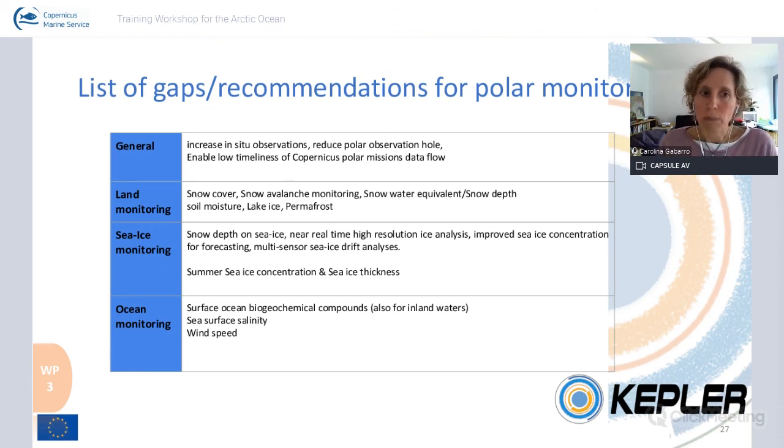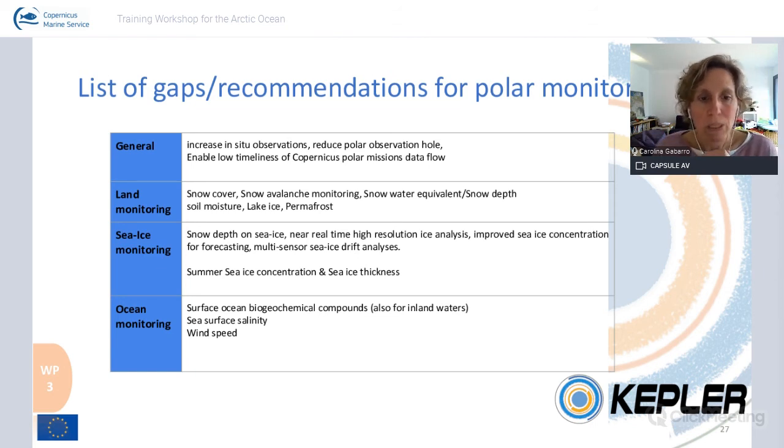For general, for example, we said that it's important to have more in-situ observations, mainly for validating, among other issues, the remote sensing data. We also need to reduce the polar observation hole and, well, some others. For land monitoring, we found that snow cover and snow avalanche monitoring is really important, among others.